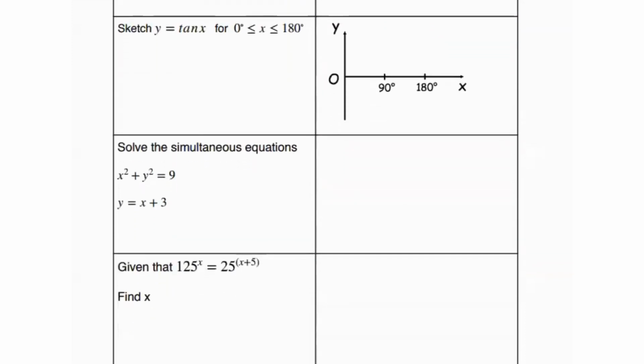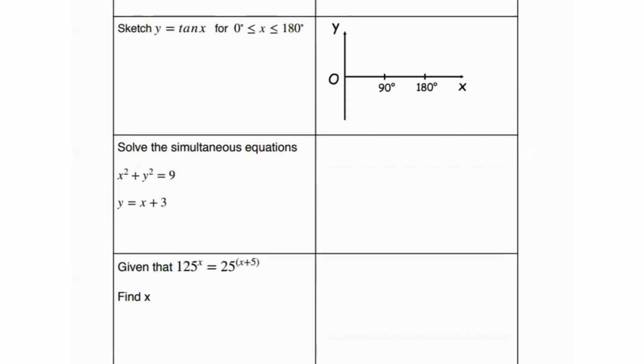And the next question says y equals tan x, and we have to sketch the graph for the limit of 0 to 180 for x. Now, one thing you need to remember is that the graph of tan has asymptotes. Asymptotes are those points where your graph does not cross through. If you find the value of tan 0, that's 0.